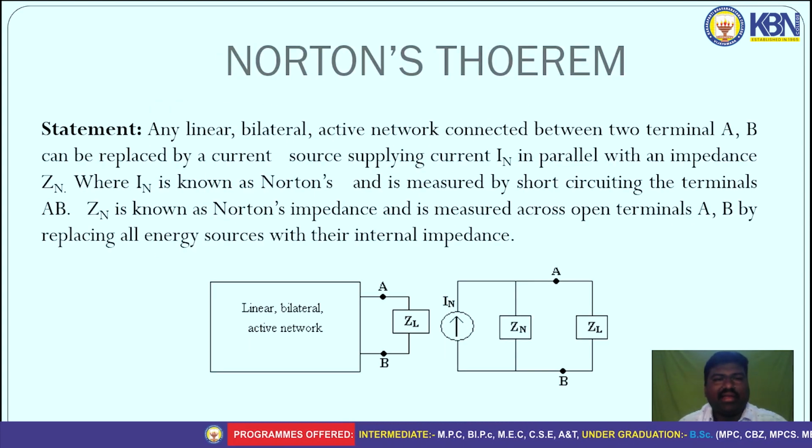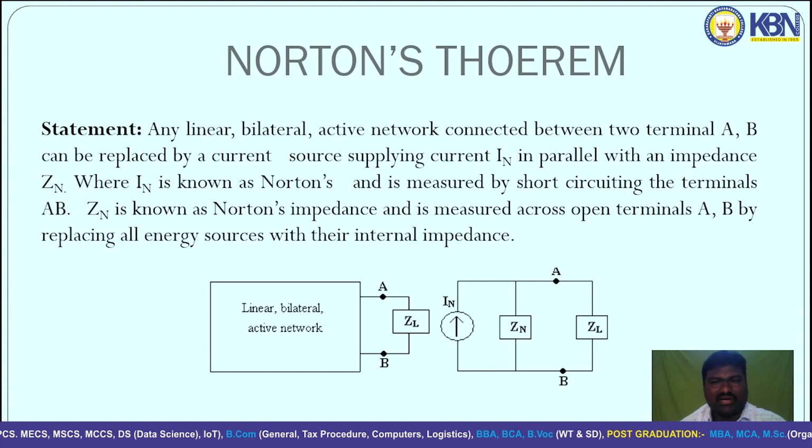Norton's theorem. A linear bilateral active network connected between two terminals A and B can be replaced by a current source supplying current IN in parallel with impedance Zn, where IN is known as Norton's current and is measured by short circuiting the terminals A and B. Zn is known as Norton's impedance and is measured across open terminals A and B by replacing all energy sources with their internal impedances.